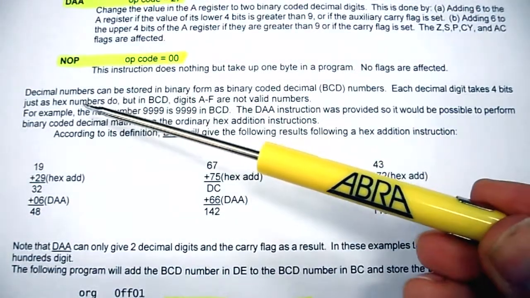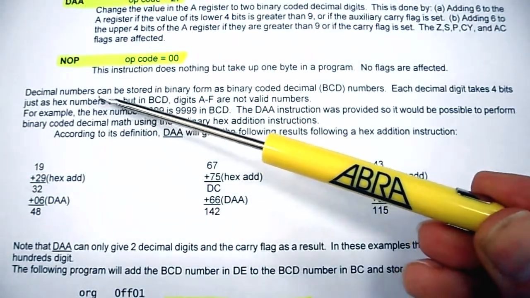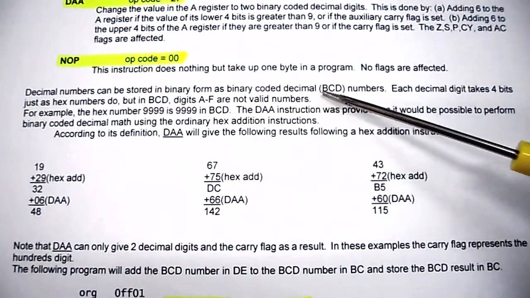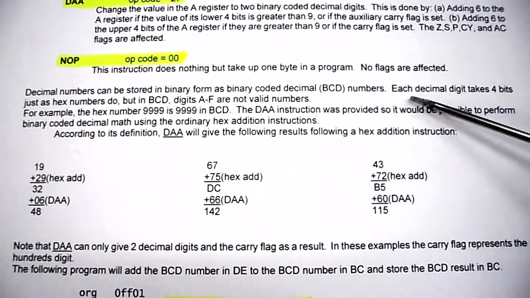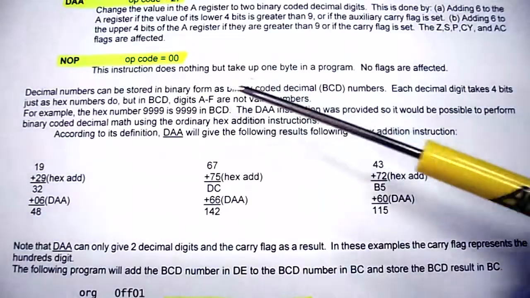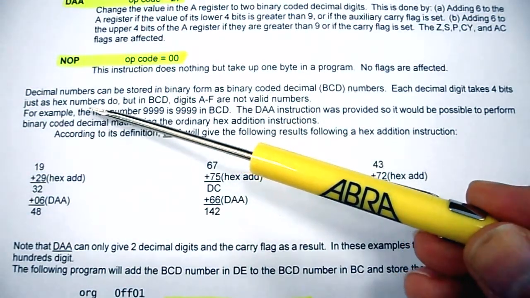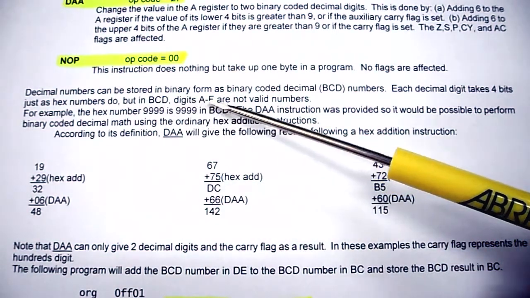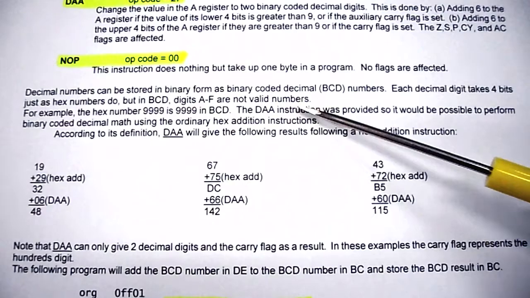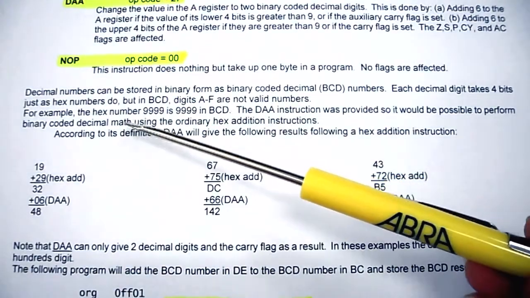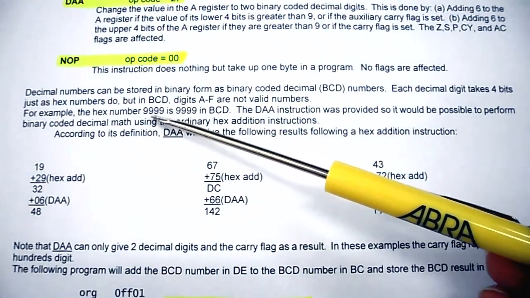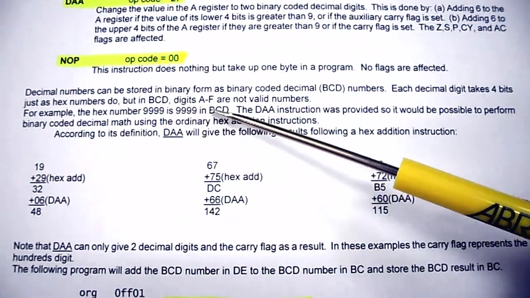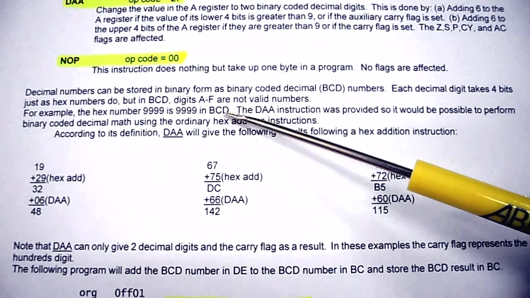Looking down here, it says decimal numbers can be stored in binary form as binary coded decimal numbers. It says each decimal digit takes 4 bits, just as a hex number does, but in BCD, digits A through F are not valid numbers. It says, for example, the hex number 9999 is 9999 in BCD format.